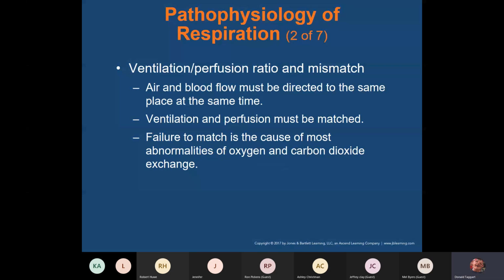So, a ventilation perfusion mismatch. Out in chat land, about how much blood are we circulating versus how much air are we breathing in and out? Do you guys remember what those numbers are? How much blood are we circulating and how much ventilation is going on, in liters?